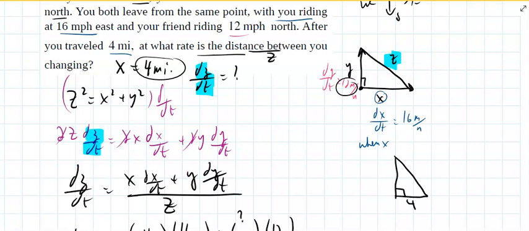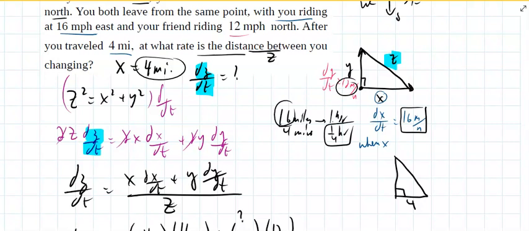If x is 4, how much time has lapsed? Remember, I'm covering 16 miles every 1 hour. I covered 4 miles. Isn't that 1/4 of this? So that should be 1/4 of an hour.